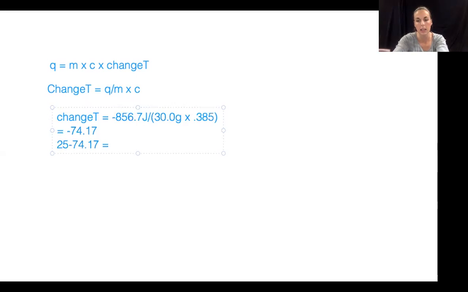And that's going to give me negative 49.17 degrees Celsius. And I need 2 significant figures, so we're just going to say negative 49 degrees Celsius. That was its final temperature. Does that make sense? Yes.